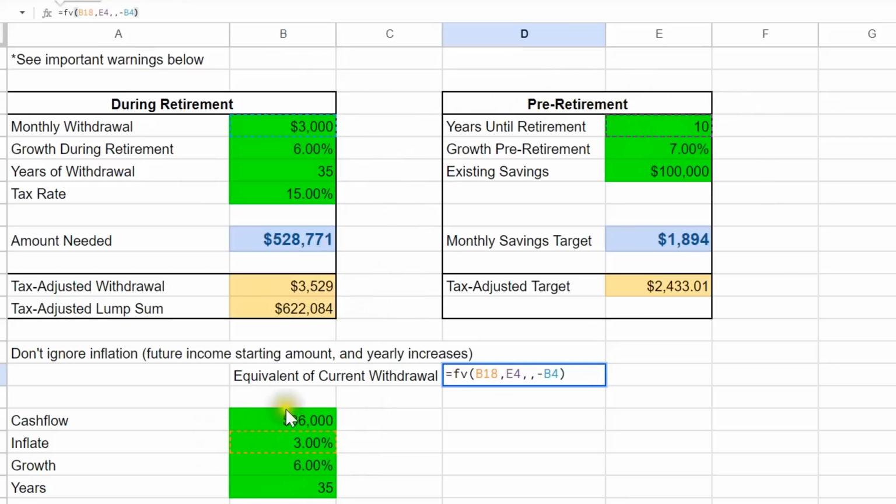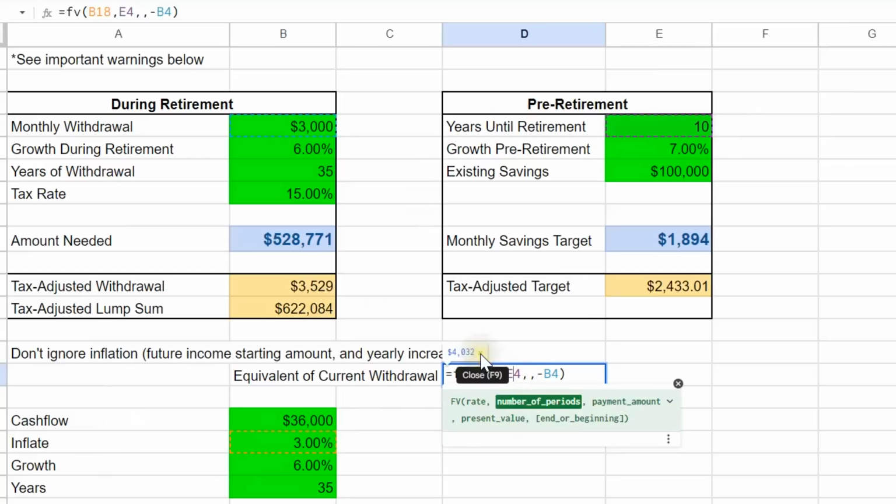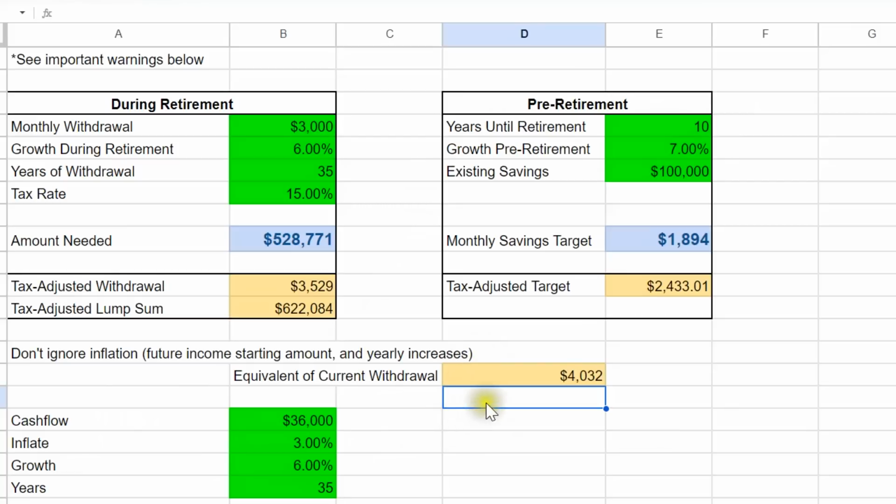That is going to tell you, that's down here at 3%, that's going to tell you that ultimately you probably more realistically need about $4,000 per month. So what you might need to do is then copy this 4,032 up into this box up here, and then start to figure out more realistically the amounts you need to save.